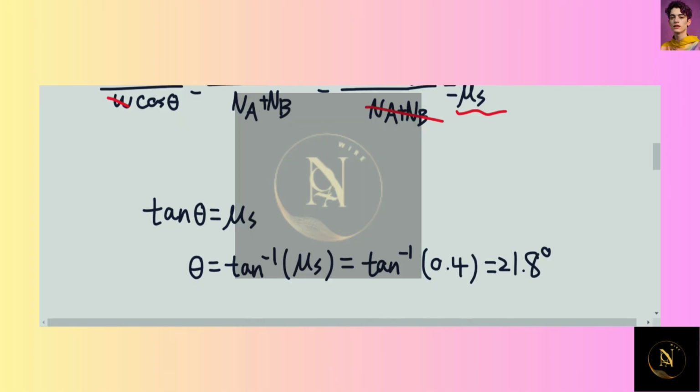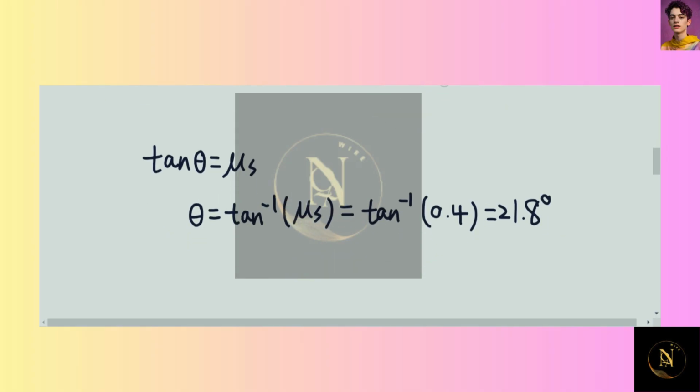So angle theta, which is the greatest slope angle we're looking to determine, is equal to inverse tangent mu s, which is equal to inverse tangent 0.4, and this is equal to 21.8 degrees. As you can tell, theta here is less than the tipping angle.